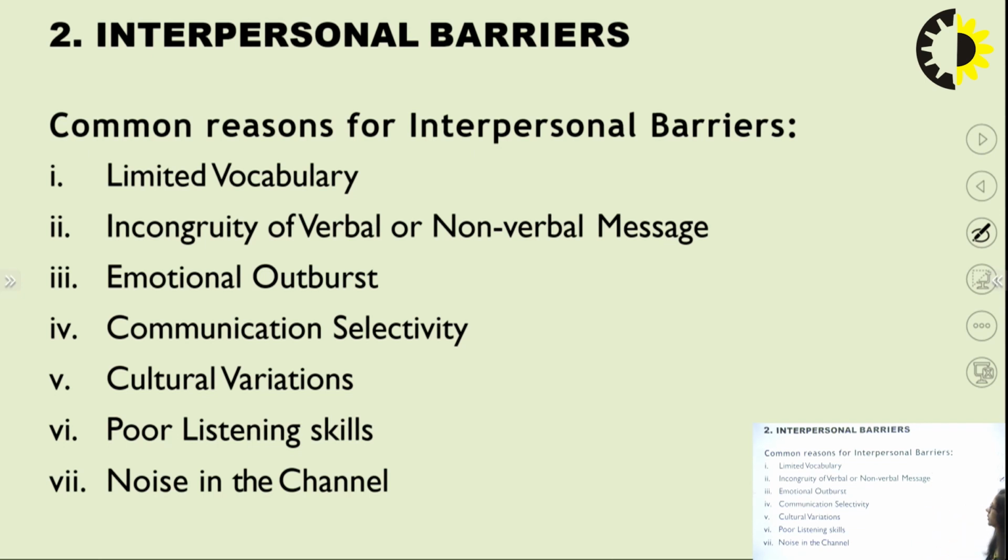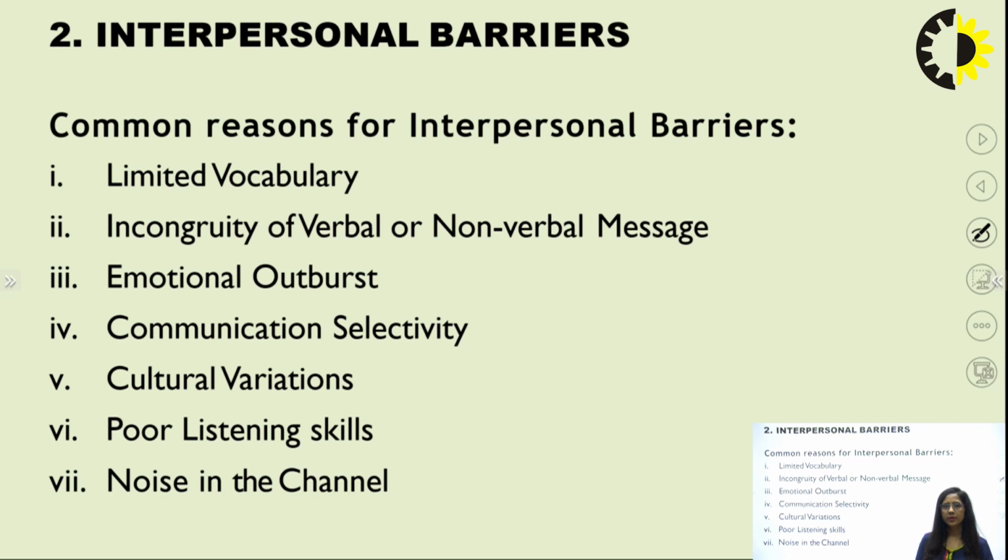Now we will discuss the second type of barrier, that is interpersonal barriers. Intrapersonal barriers stem from an individual's attitudes or habits, whereas interpersonal barriers occur due to the inappropriate transaction of words between two or more people. The two broad categories into which these barriers can be classified are inefficient communication skills and negative aspects nurturing in the climate.